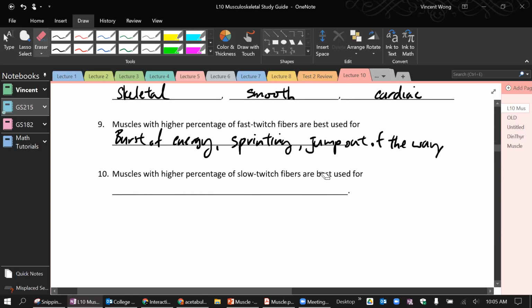Muscles with a high percentage of slow twitch fibers are good for endurance. Like postural muscle, you can literally stand for hours, right? But you won't be able to run at full speed for hours, right? Running at full speed requires fast twitch fibers. Standing is just slow twitch fibers. So this would be marathon.